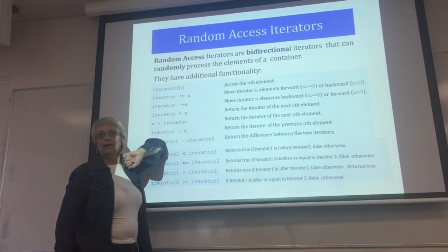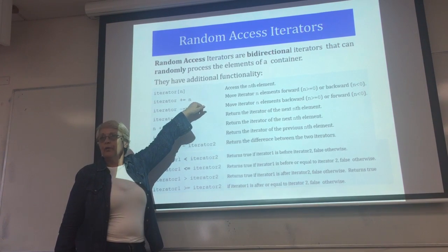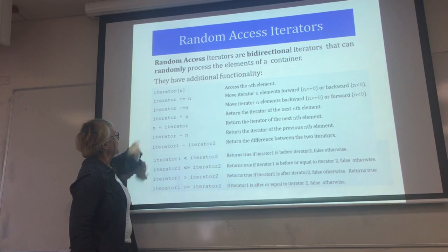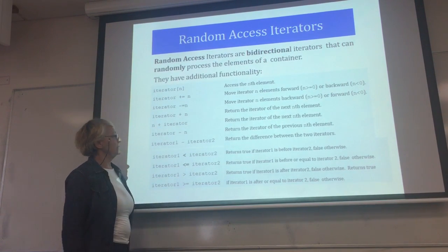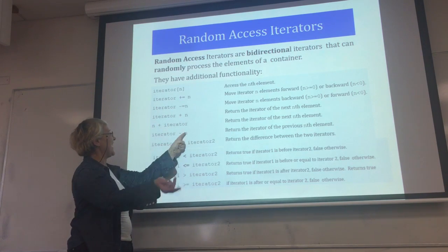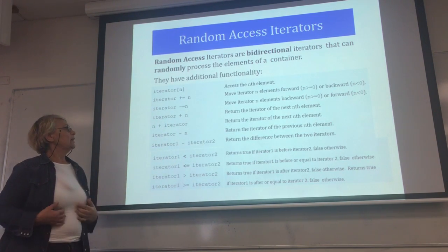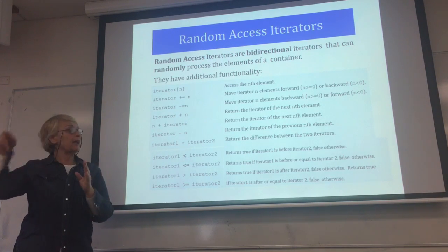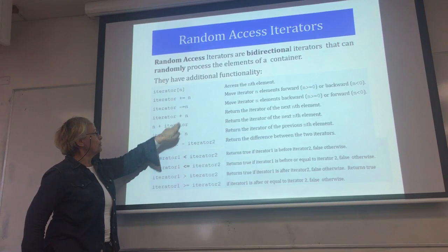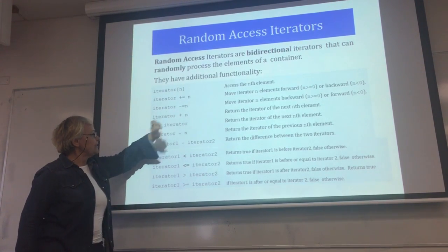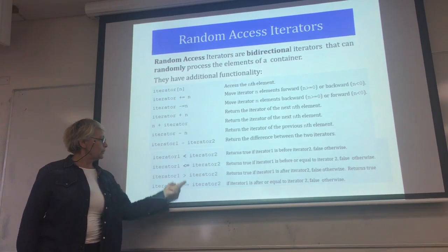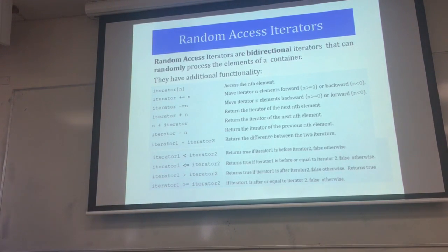This is pointer arithmetic as you know it from C. Iterator plus n, symmetric n plus iterator, and you can move both forward and backward, jumping n locations. No other iterator has these powerful operators, and because it has this, it comes with subtraction, and it comes with all types of comparisons.